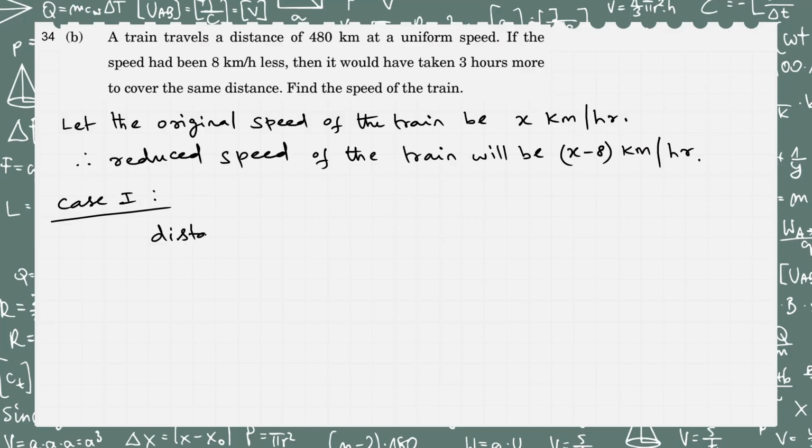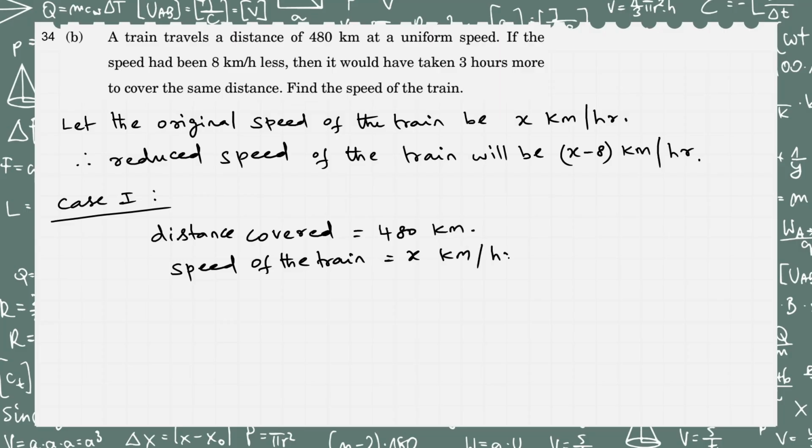Distance covered is equal to 480 kilometers and speed of the train equal to x kilometers per hour, right? Therefore, time taken, I am going to call this time taken T1.